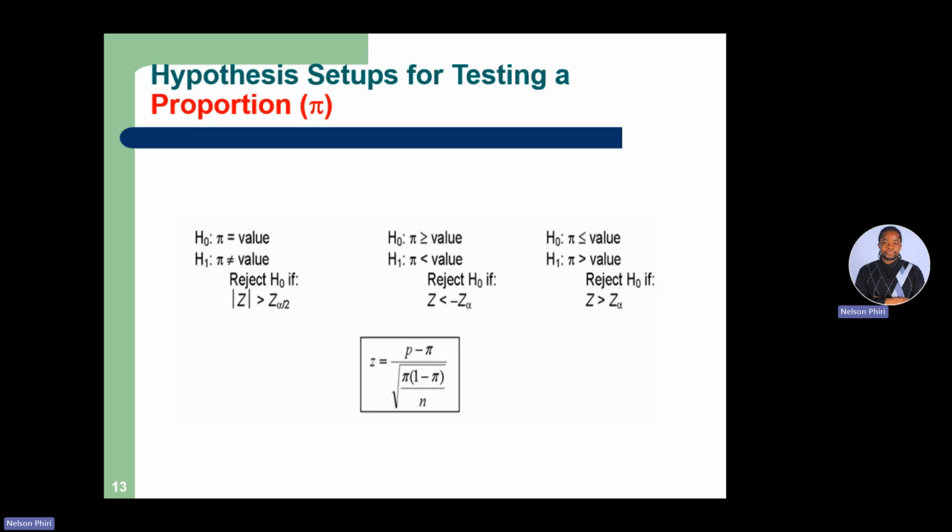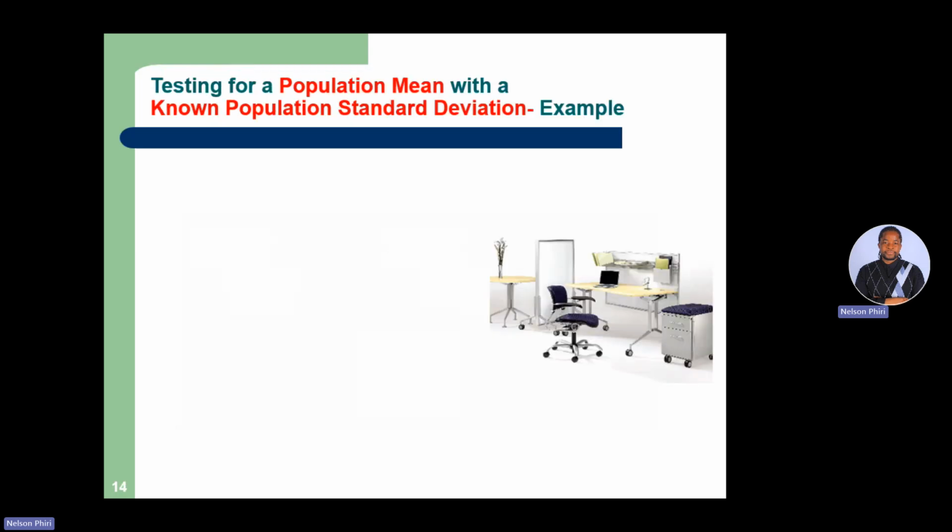So your H1 tells you whether it is a right-tailed or left-tailed test. In the first one, it is your proportion less than a given value, so that one is a left tail, and you can see there it's Z less than negative Z alpha. For a right-tailed test, it is Z greater than Z alpha. Very important to know the difference between the two.